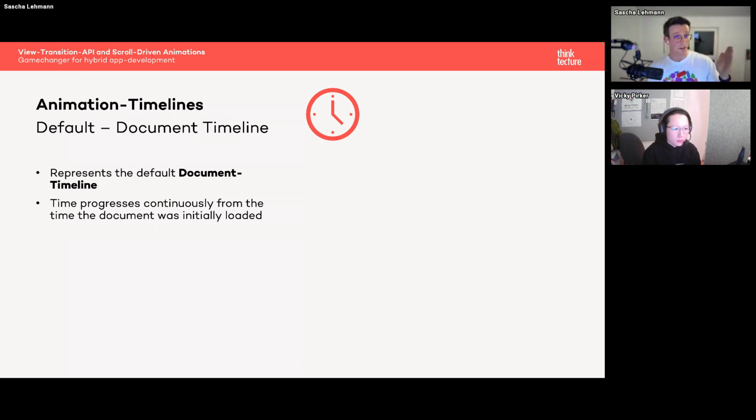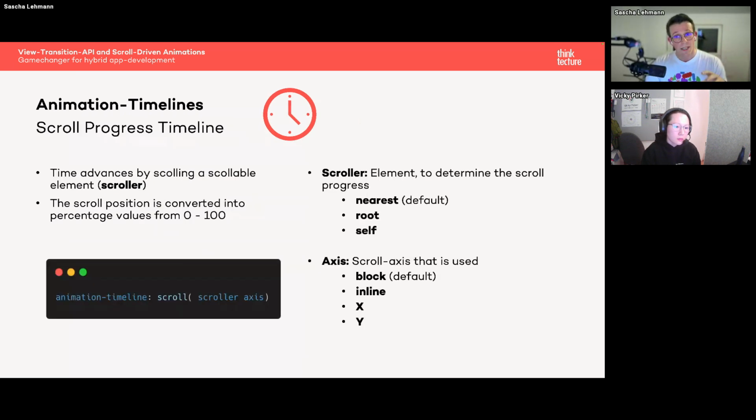So we have a defined start and a defined end of our animation. In terms of scroll-driven animations, we have another timeline we can add, and this introduces the scroll timeline. So the animation duration is not tied to a set start and ending point. On the other hand, it's tied to a defined scroll position within our view.